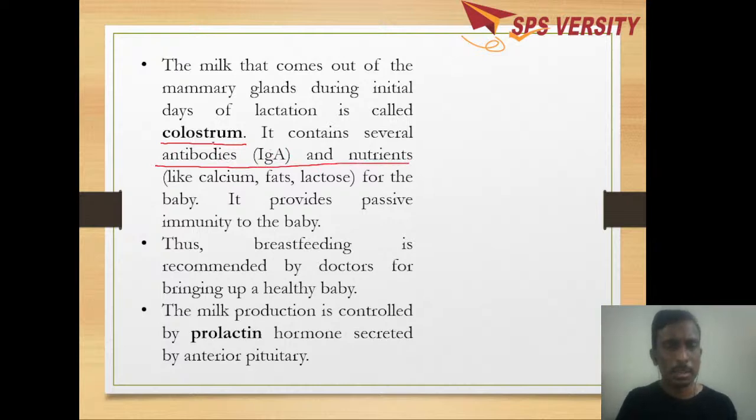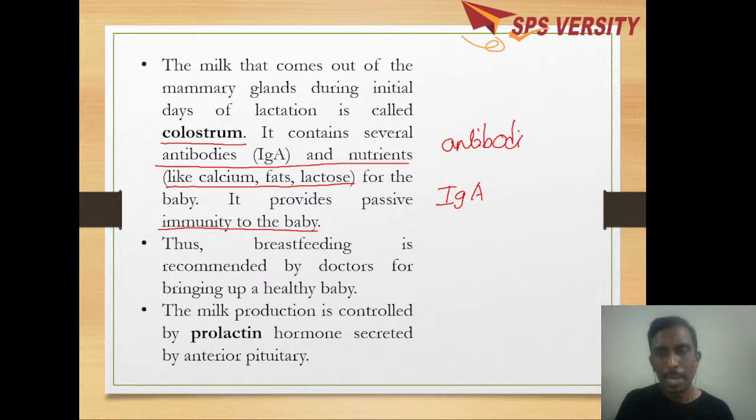IgA is one of the antibodies rich in colostrum, as well as calcium, fats, and lactose, the milk sugar. The IgA will provide passive immunity, that is, the baby will get antibodies directly from the mother's milk.